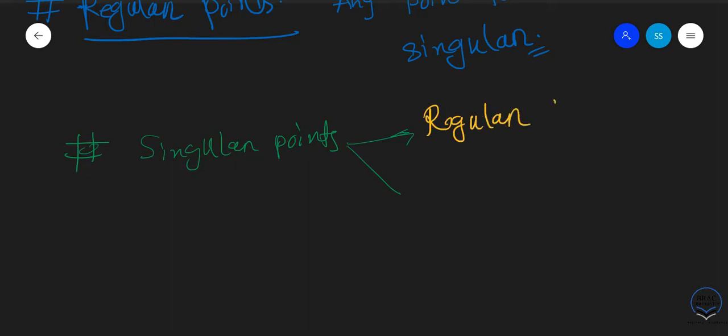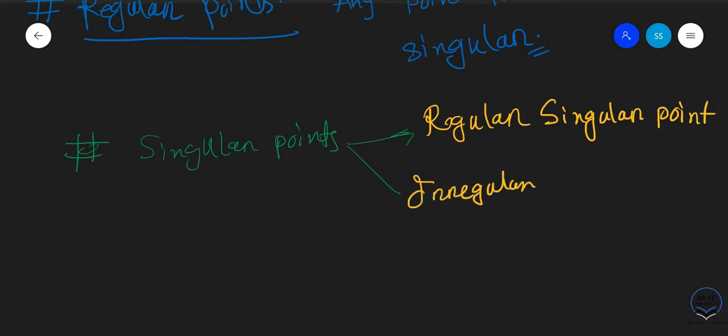Another one is called irregular singular point. So let us discuss this regular singular point first.